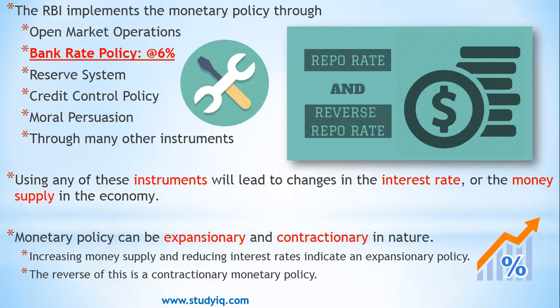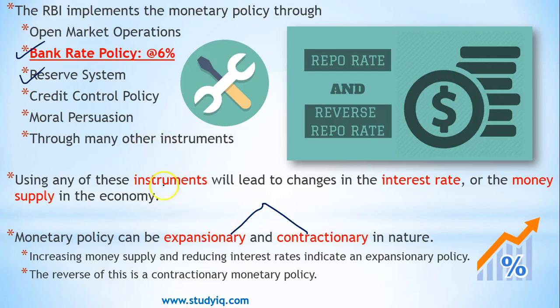In this way it can mix and match. It can make changes with both these things, the reserve system as well as the bank rate, which can go up and down. So this is all about increasing interest rate and money supply, and there are basically two types of monetary policy.